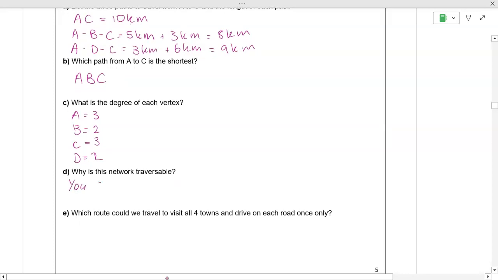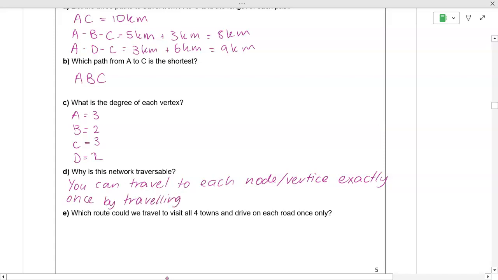So you can travel or move to each node or vertex exactly once by traveling along each edge exactly once.